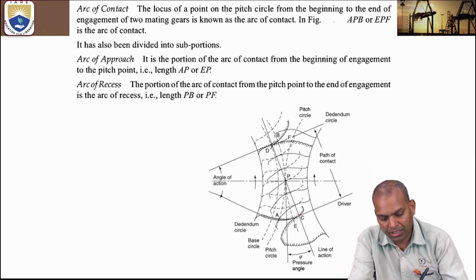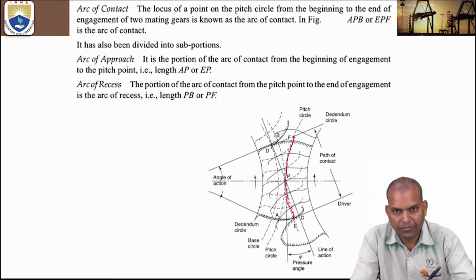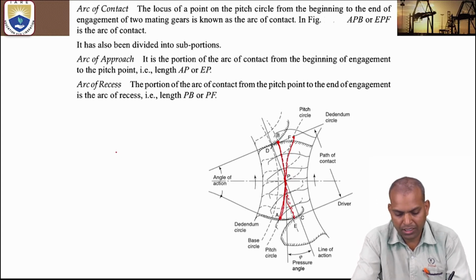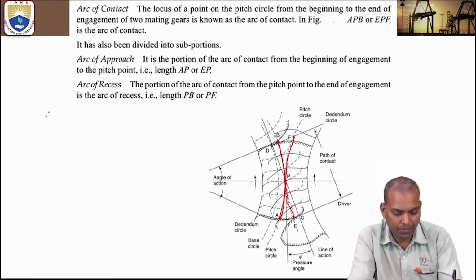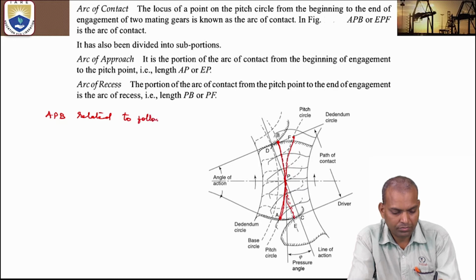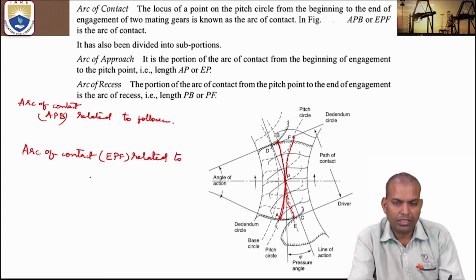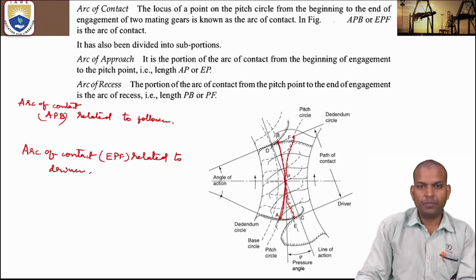The arc of contact for the driver is EPF, and the arc of contact for the follower is APB. APB is related to the follower, and EPF is related to the driver.